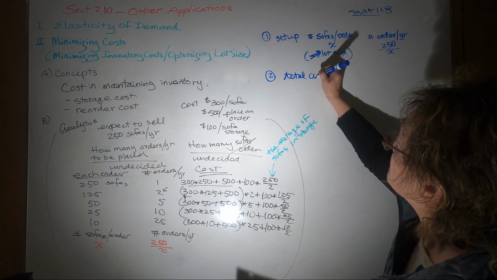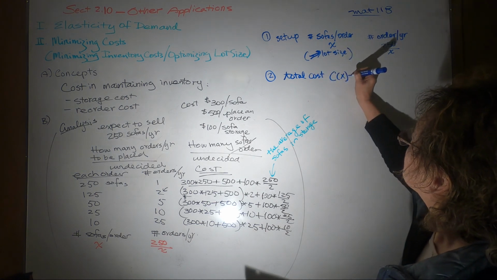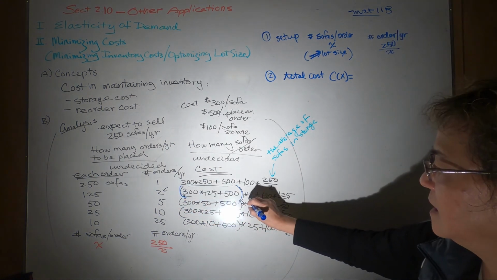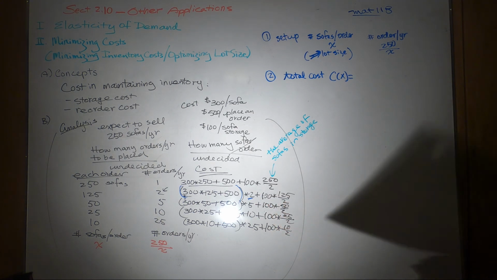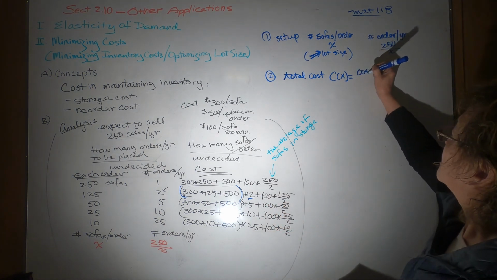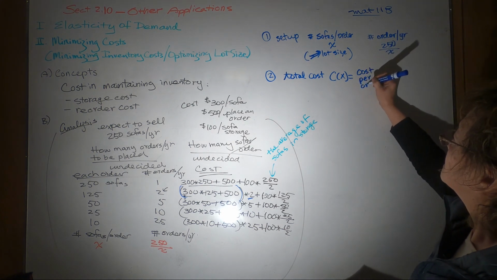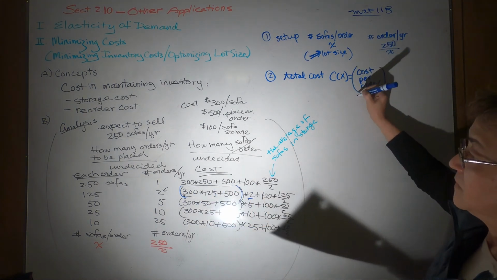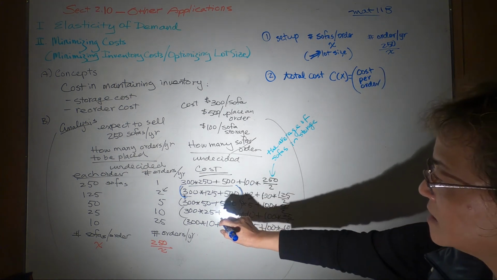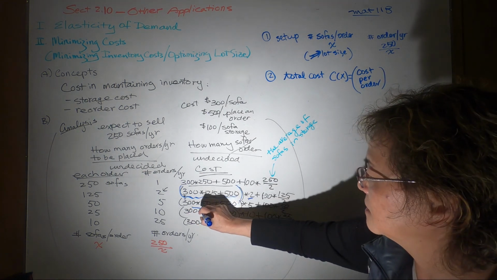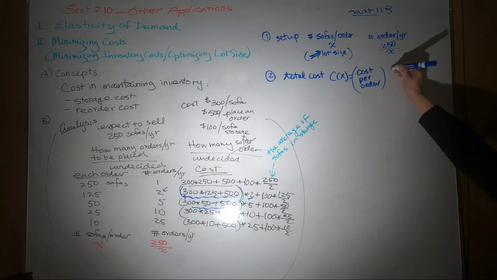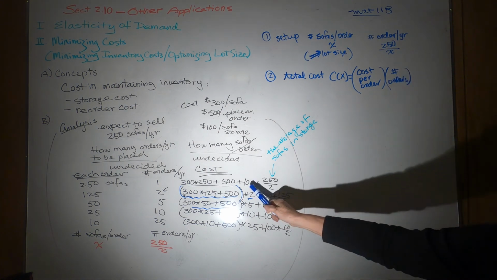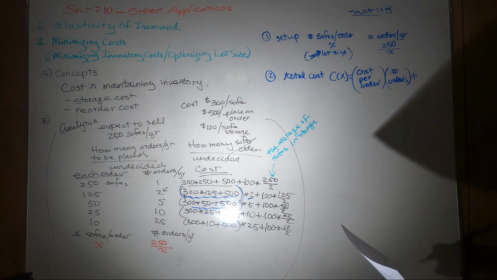So you say total cost will be what? C of X equals what? Cost per order times number of orders, plus storage cost.